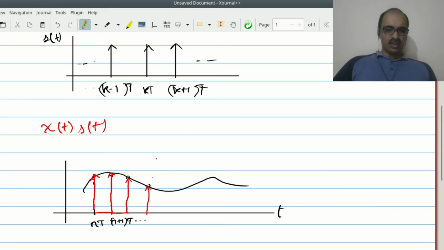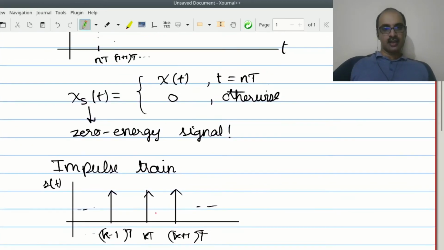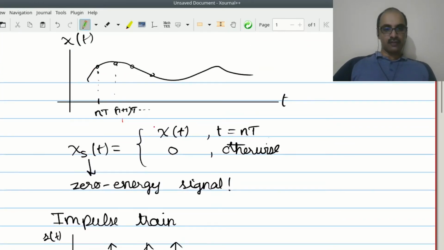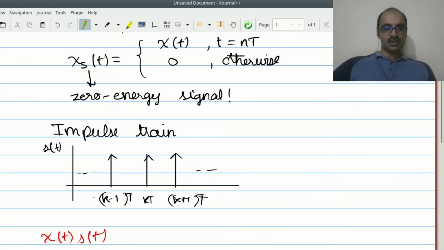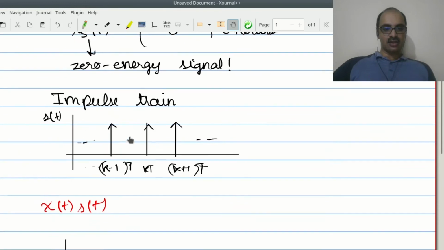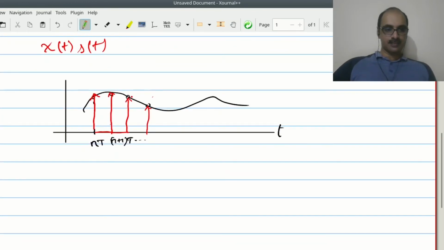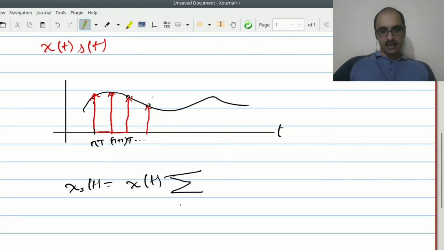Now, you may argue, what is the major difference between this and what you showed earlier? In the earlier case, you just put the values over here, while in this case, let's call this original x_s prime and then let's call this my actual x_s. My x_s of t is x of t multiplied by the impulse train.